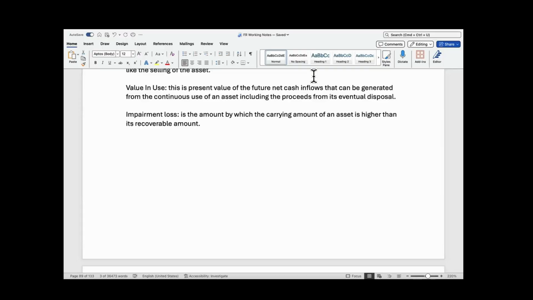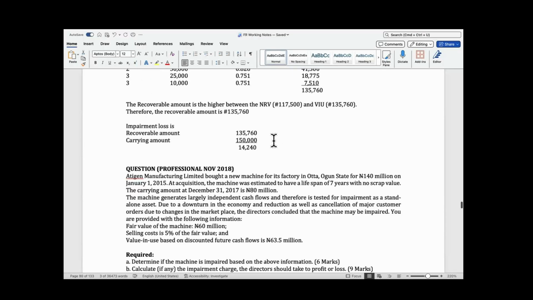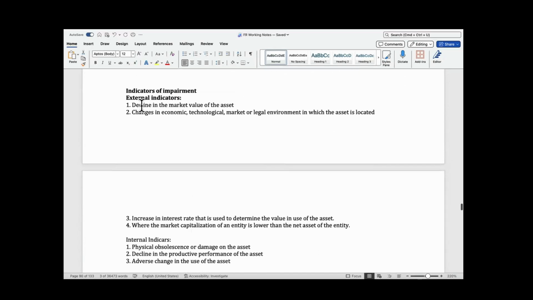However, impairment loss is a permanent loss in the sense that we don't expect it to reverse. And that is evident in the indicators of impairment. When you look at the external indicators I mentioned, like a decline in general market value, or a change in economic or technological markets, legal environments, interest rates, market capitalization.